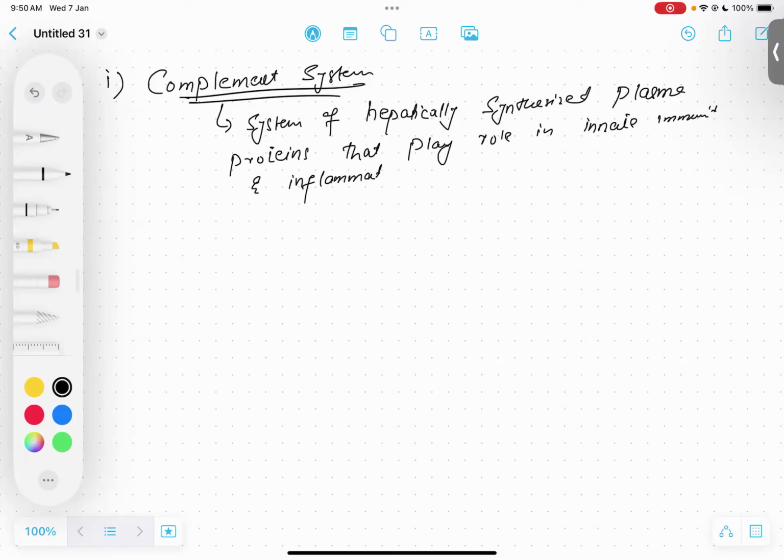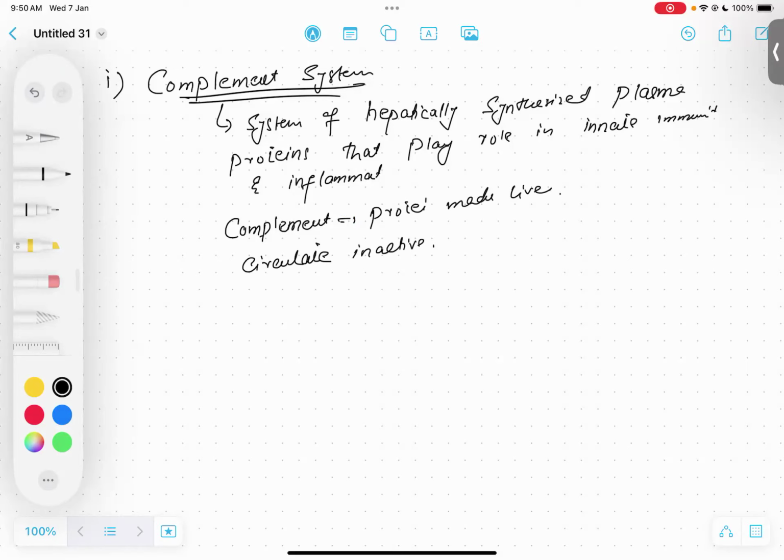Complements are proteins made in the liver. The liver excretes them into the blood, and they circulate in an inactive form.